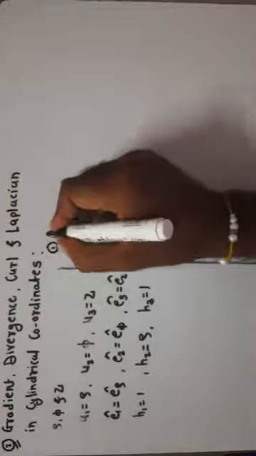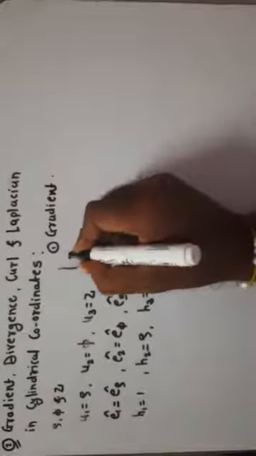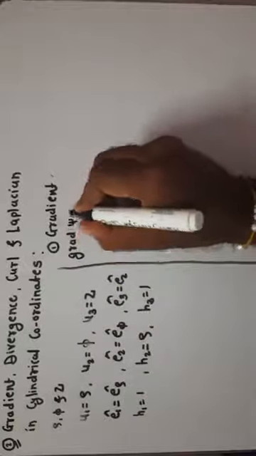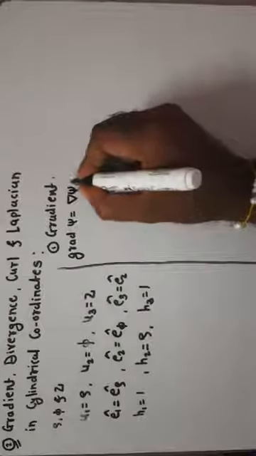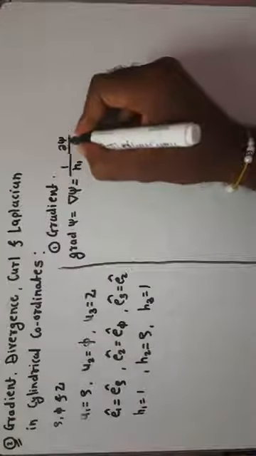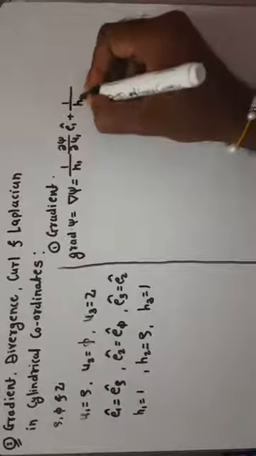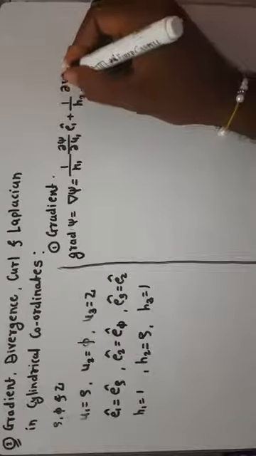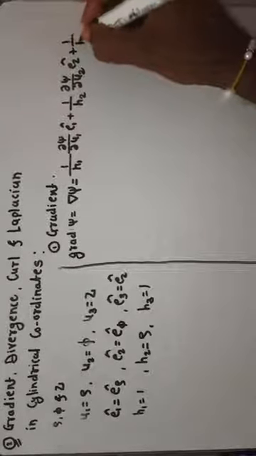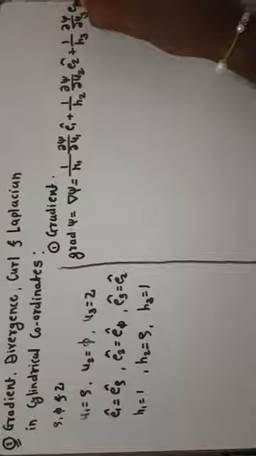First, the gradient. What is grad psi? Grad psi is equal to 1 upon h1 dou psi by dou u1 e1 cap plus 1 upon h2 dou psi by dou u2 e2 cap plus 1 upon h3 dou psi by dou u3 e3 cap.